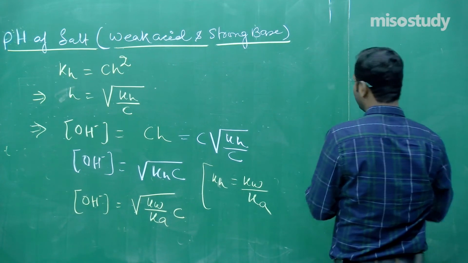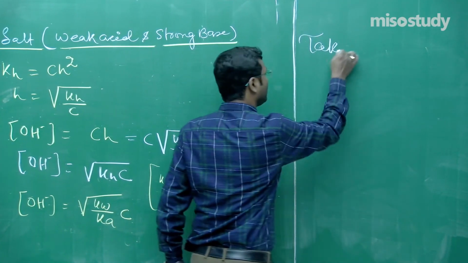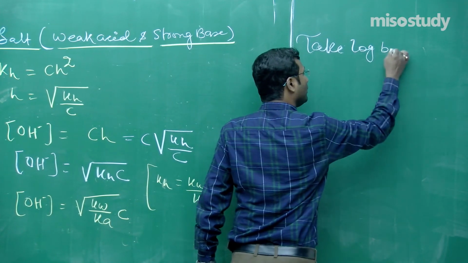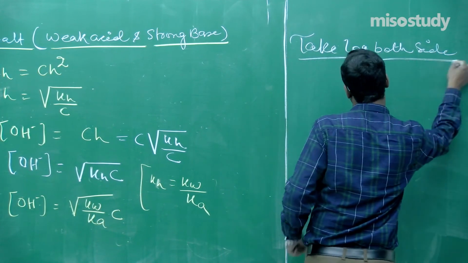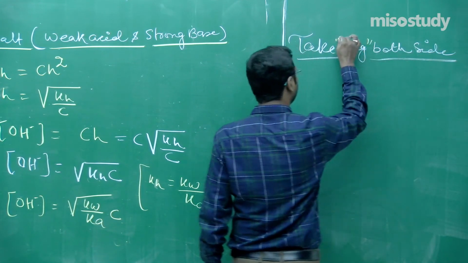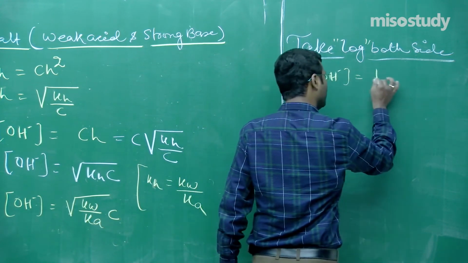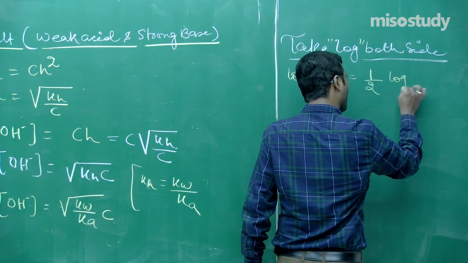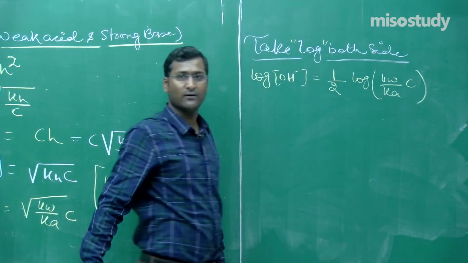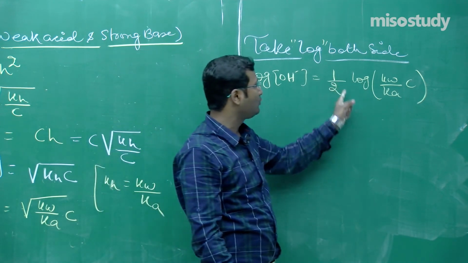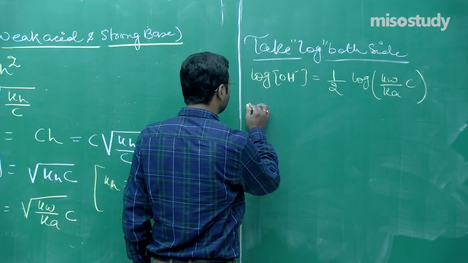So you can write like this. Take log both sides in the expression. Is it clear to you, friend? Now what will happen? Log OH minus ion is equal to 1 by 2 log KW upon KA into C. Now take negative sign.